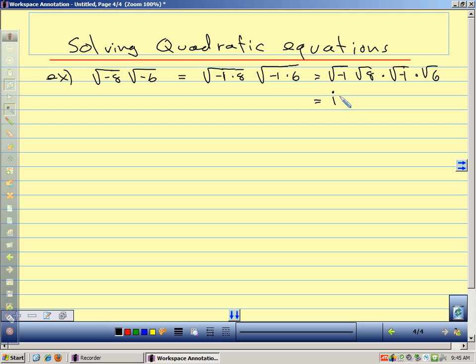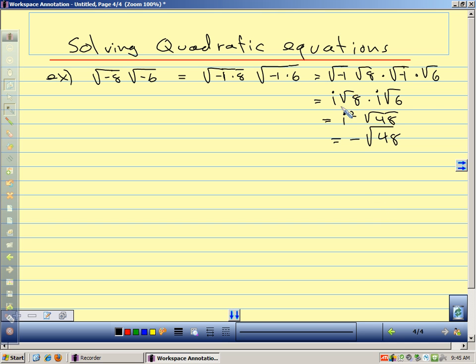So I get i square root 8 times i square root 6. And that's i squared square root 48, or negative square root 48.